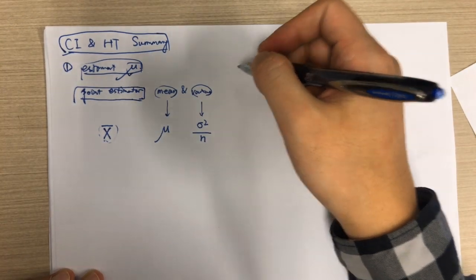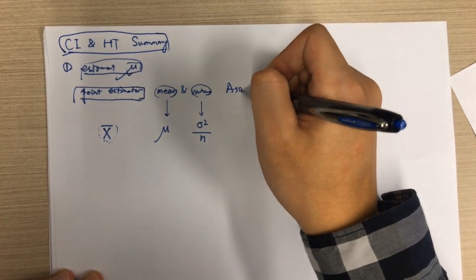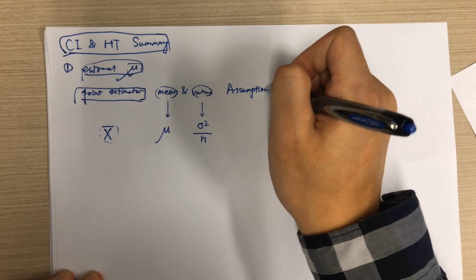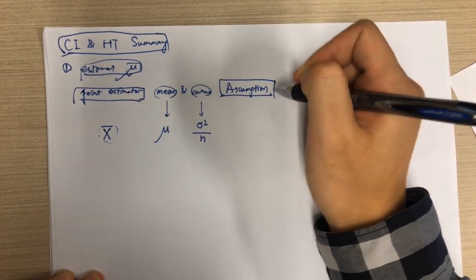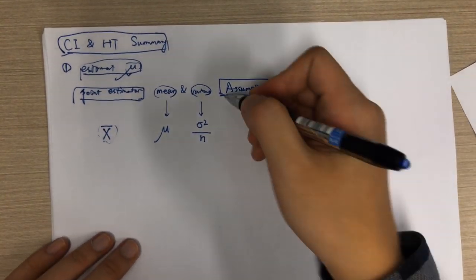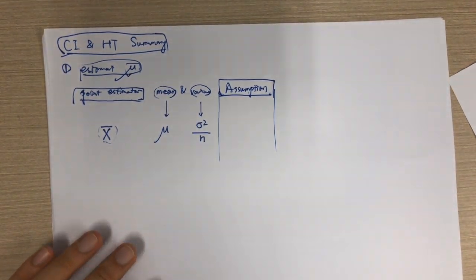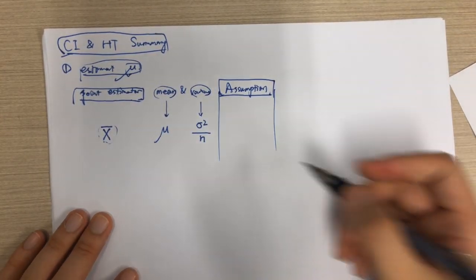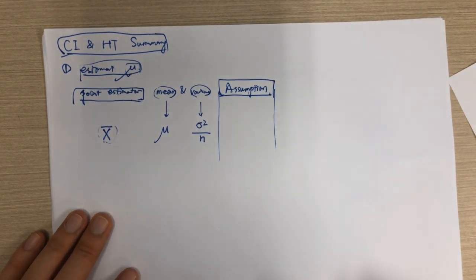Before that, according to the central limit theorem, you need to know the assumptions to assist your calculations. How do we make X bar follow a normal distribution?